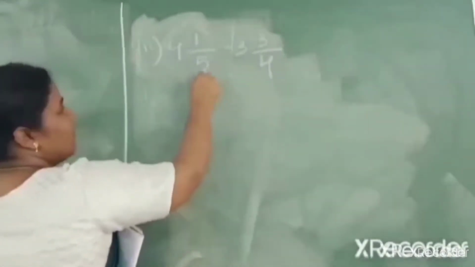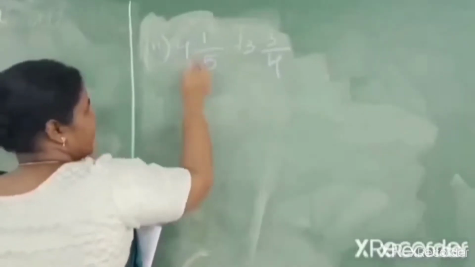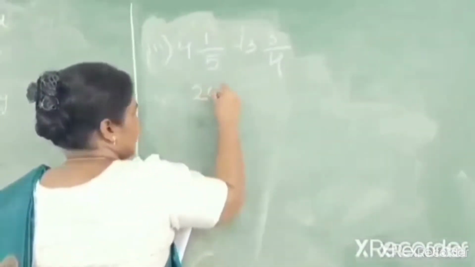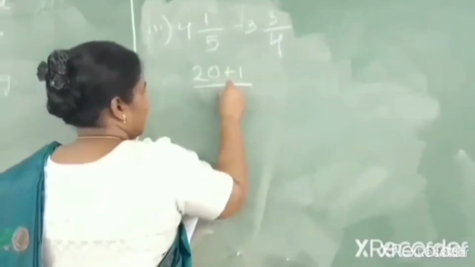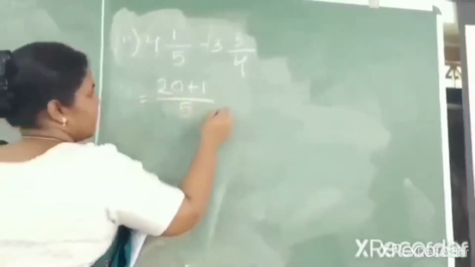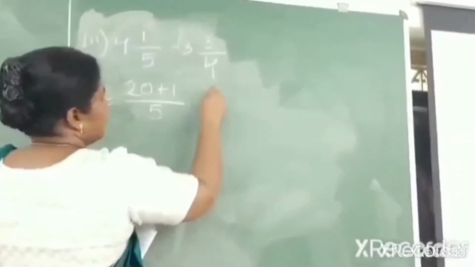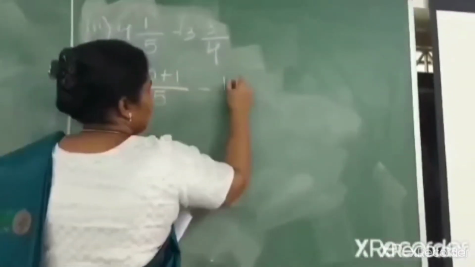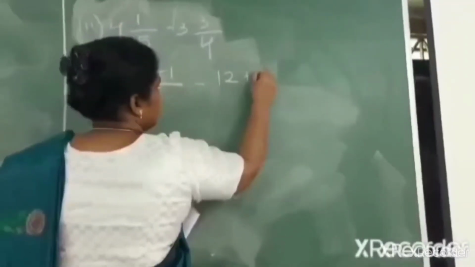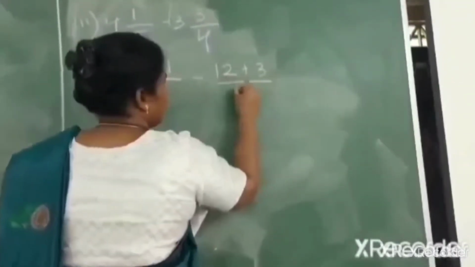So how will we do it? 5 fours are 20 plus 1 divided by 5, divided by 4 threes are 12 plus 3 by 4.